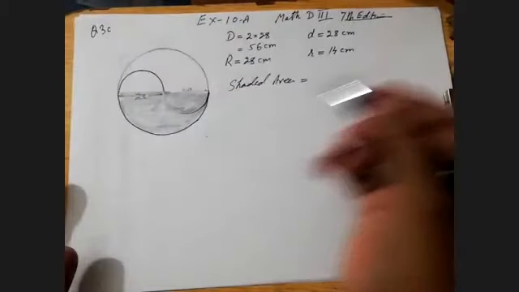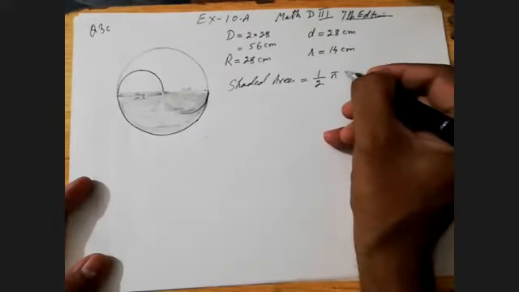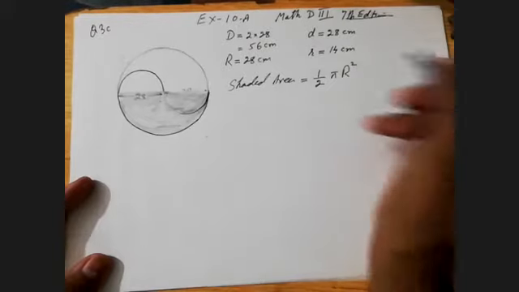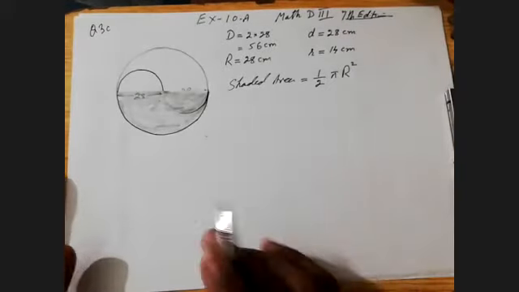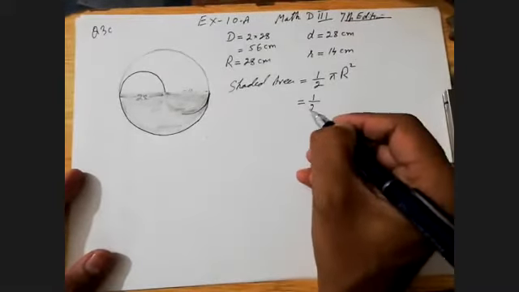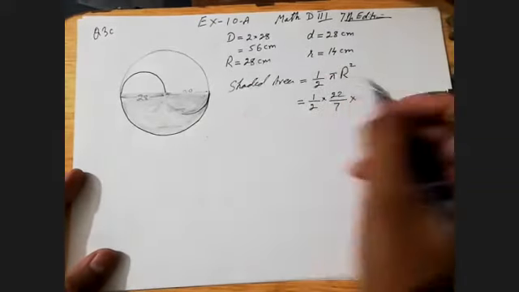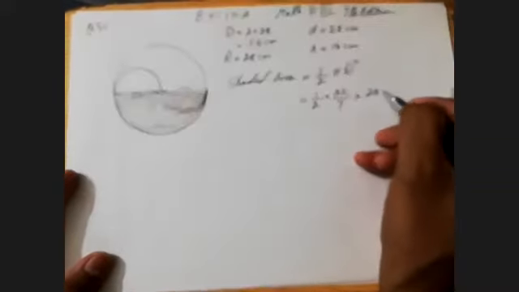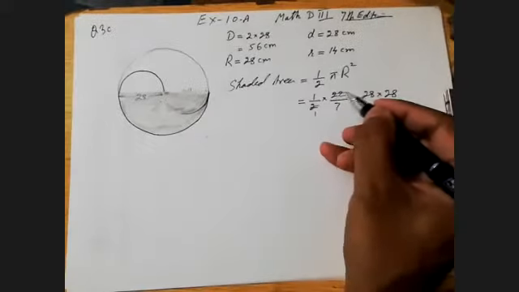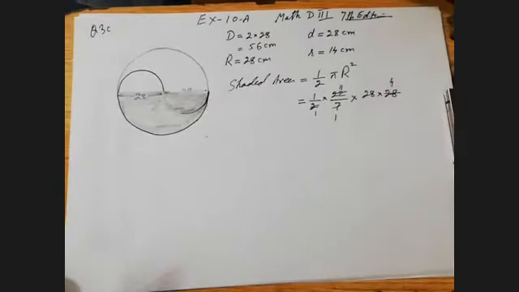So area of the bigger semicircle, half pi r square, will be applied. Okay, so here I am going to find the area of the bigger semicircle: half into pi 22 over 7, and the radius square, capital R, is 28 into 28. 2 ones are 2, 2 11s are 22, 7 1s are 7, 7 4s are 28.